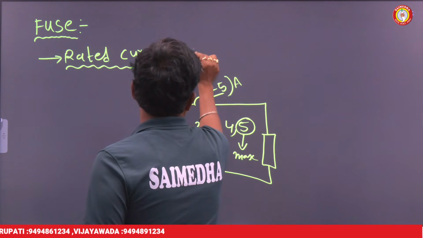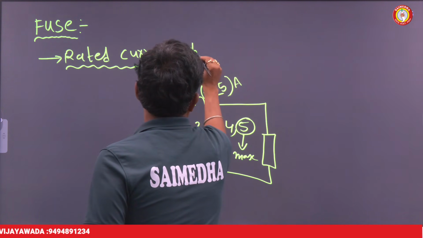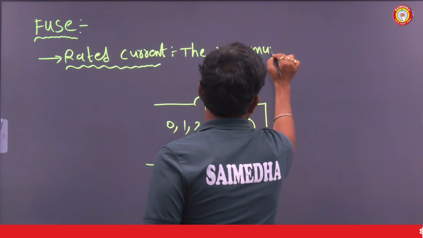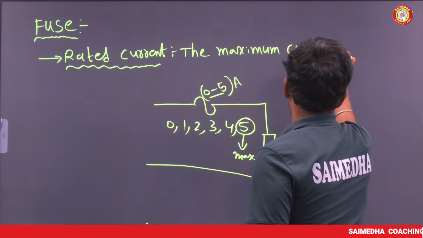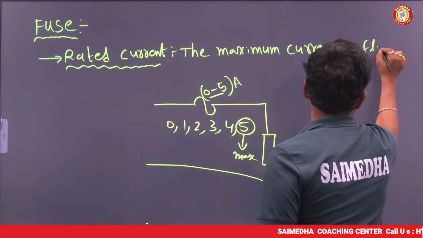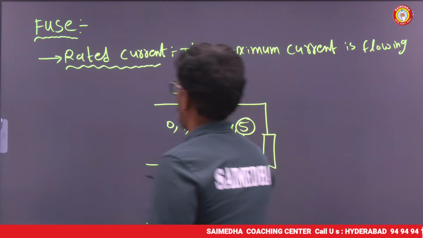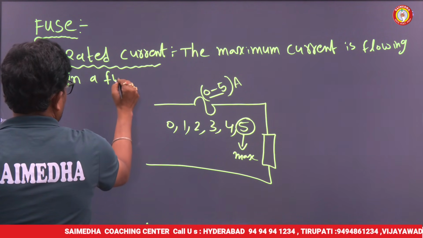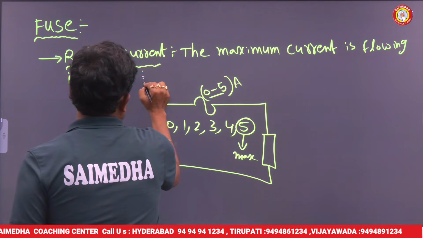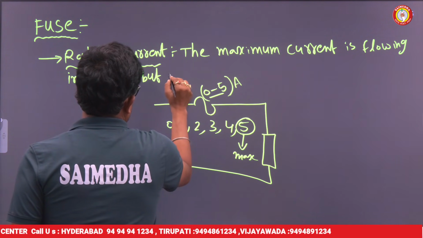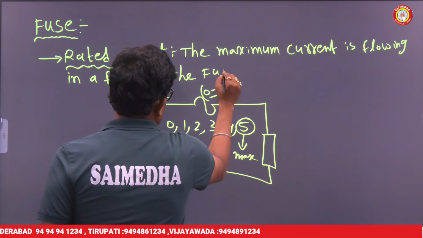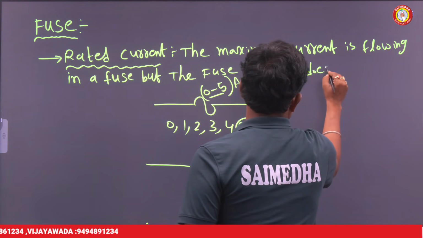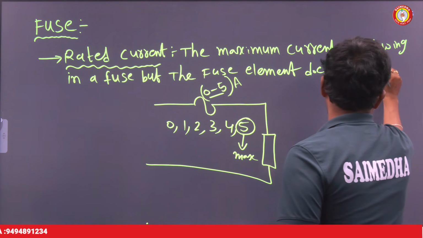The maximum current flowing in a fuse element, but the fuse element does not melt.